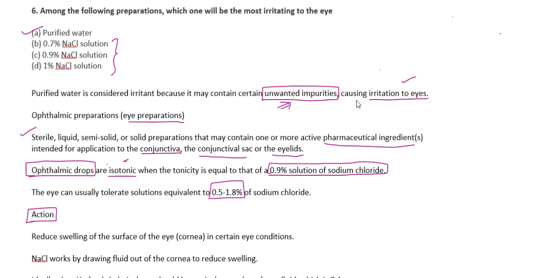The most important point here is that the isotonic solution used in ophthalmic drops contains 0.9% sodium chloride. Different concentrations are available for eye drops, ranging from 0.5 to 1.8%.